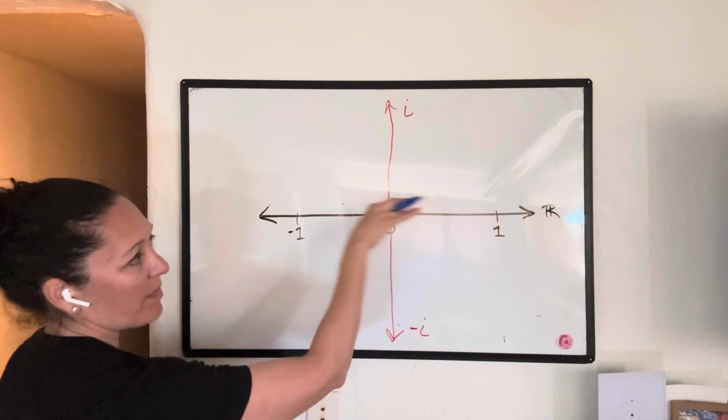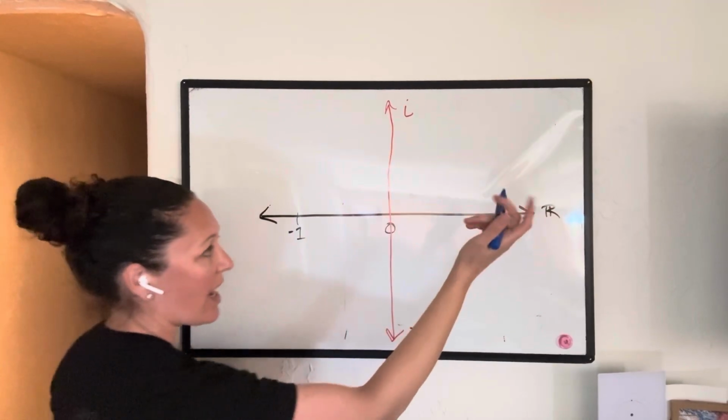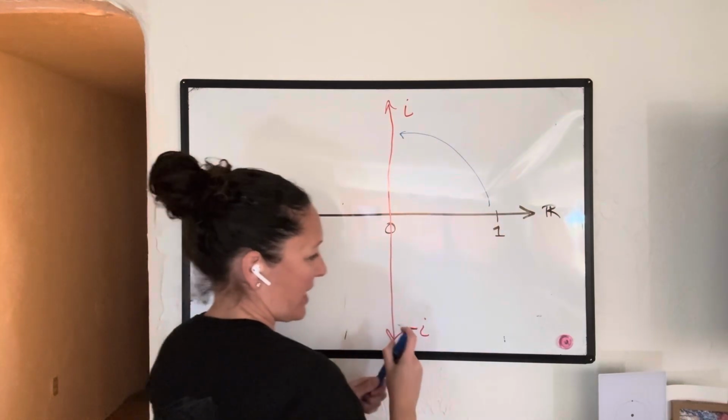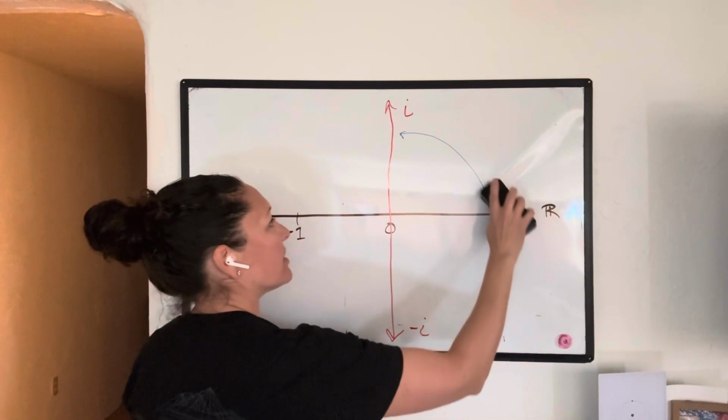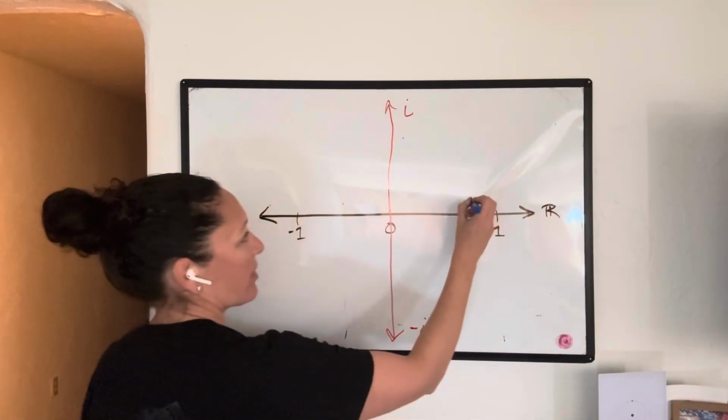So if I'm in my real plane and I'm going to rotate 1 time. Actually, I'm going to make my little rotation a little smaller. So throw some math out there.